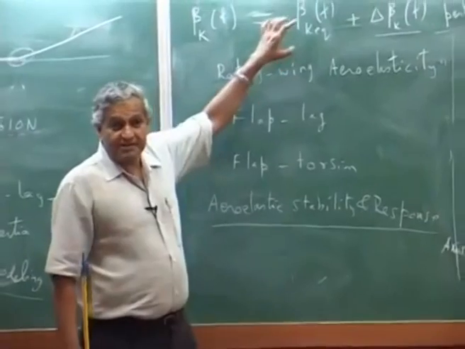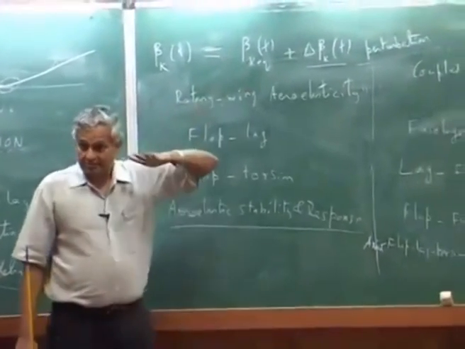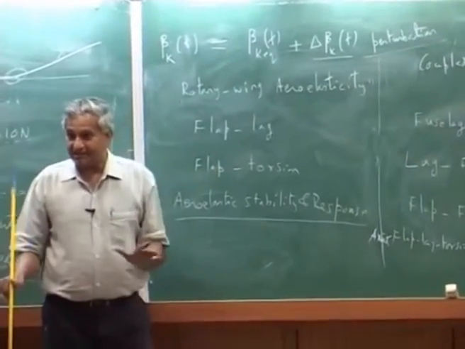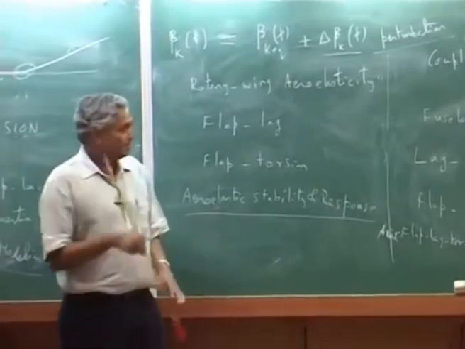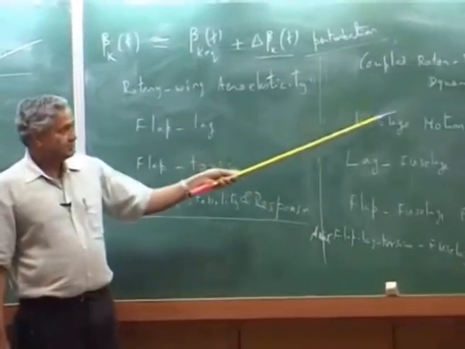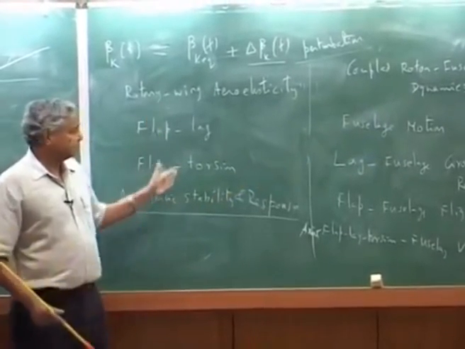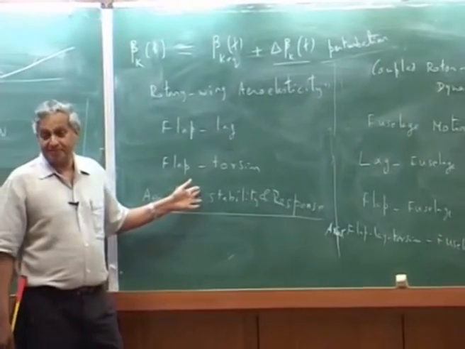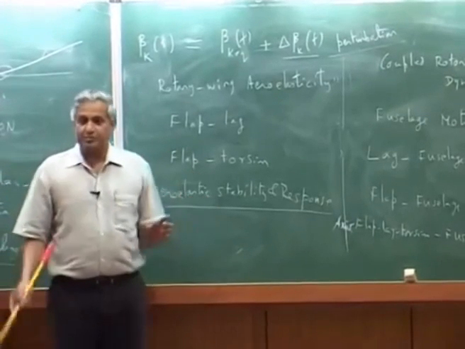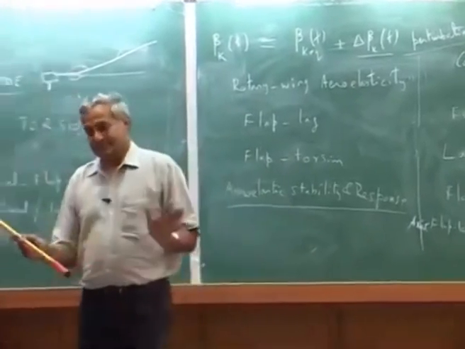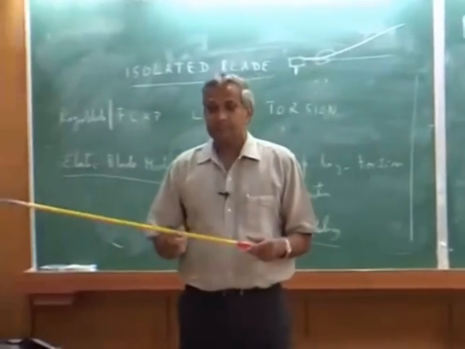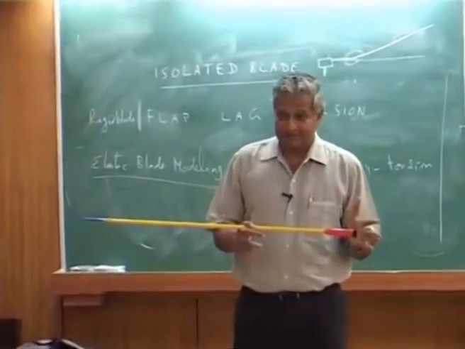So this is the first thing you start learning, perturbation analysis, when you are analyzing either rotor fuselage stability or rotary wing aeroelastic stability. You have to know perturbation analysis. So what is the perturbation analysis?